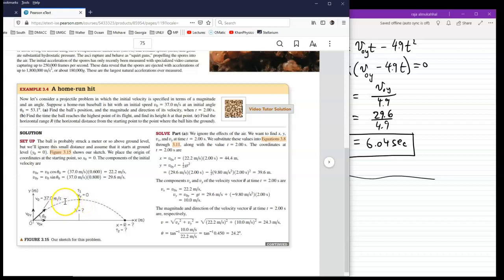So he's asking for what is the speed, x component of the speed, y component of the speed, the range, how far did it go horizontally, and the height of the ball here. Okay? Kind of sounds like a tough problem, but it's not really. You got that? Okay. So how do we do it?